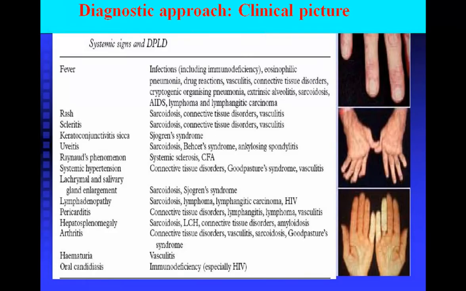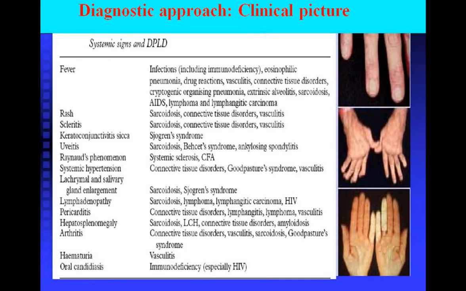So, diagnostic approach. Systemic symptoms may be involved in case of ILD. If they have fever, we have to rule out infections because of immunodeficiency, and consider eosinophilic pneumonia, drug reaction, vasculitis, connective tissue disorders, cryptogenic organizing pneumonia, extensive alveolar disease, hypersensitivity pneumonitis, sarcoidosis, AIDS, lymphoma, lymphangitic carcinoma.